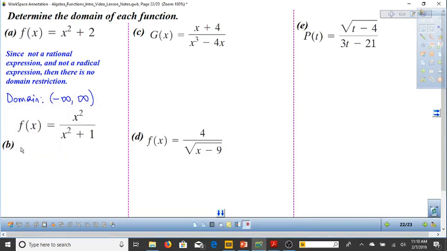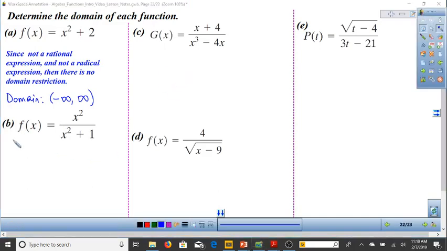In this case, for the next example, we do have a variable in the denominator. So our possible domain restriction occurs if x squared plus 1 is equal to 0. Well, that would require that x squared is equal to negative 1.